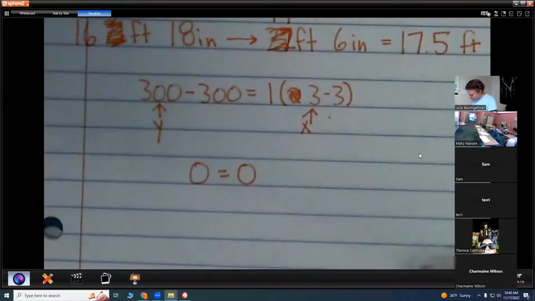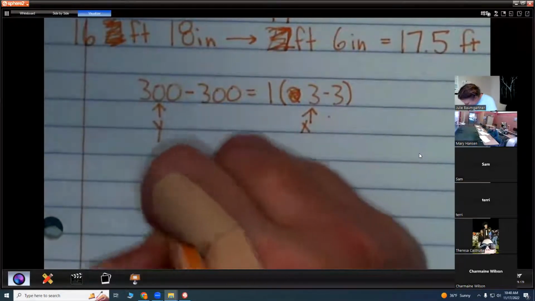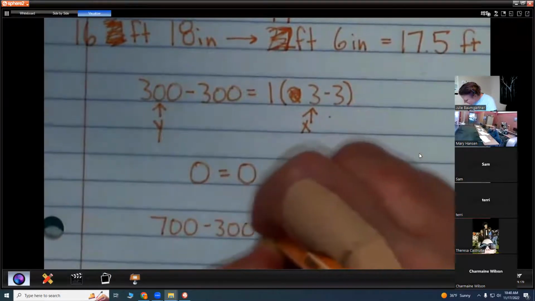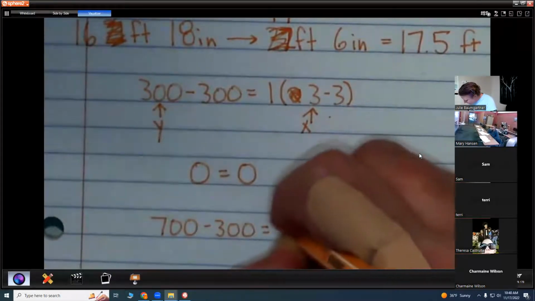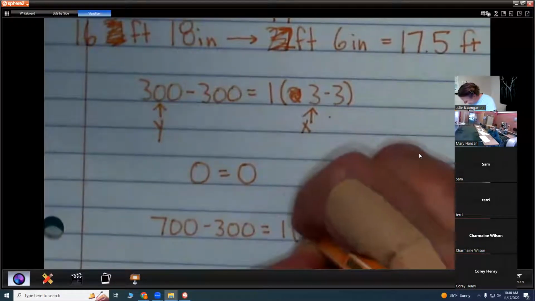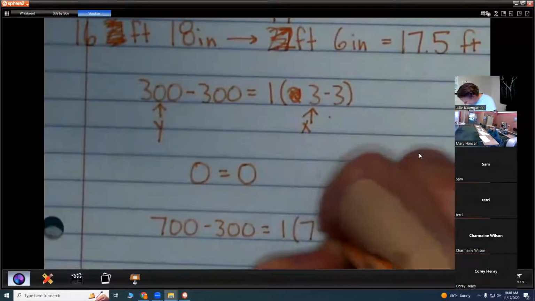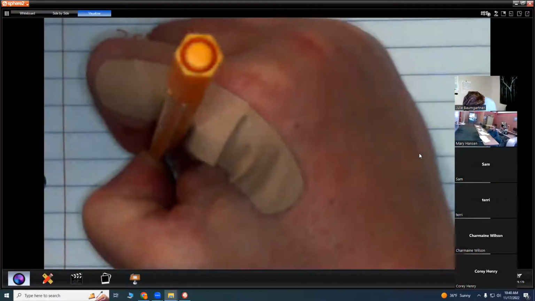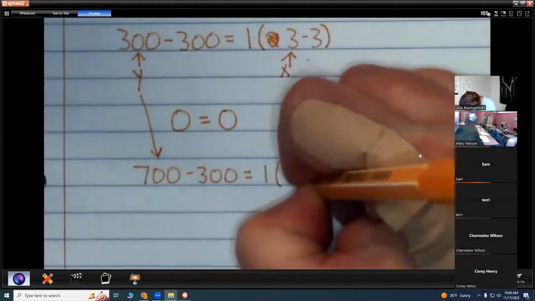So now let's try our second point out. I'm going to use 700 as my Y and 7 as my X. And it's 7 minus 3 on the right-hand side.